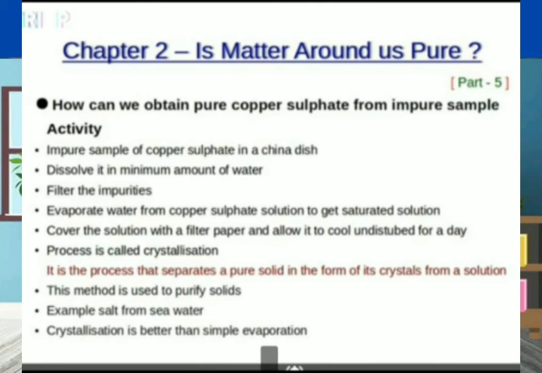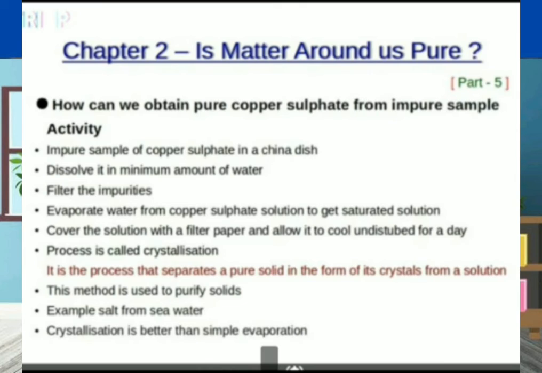Then the fourth one, how can we obtain pure copper sulfate from an impure sample? Here we are doing an activity. We take an impure sample of copper sulfate in a china dish and dissolve it in a minimum amount of water.